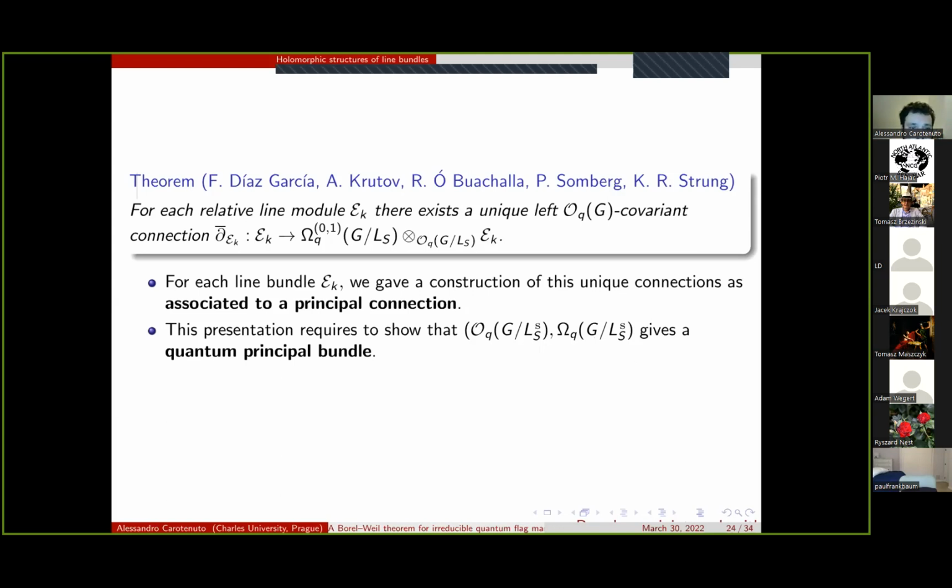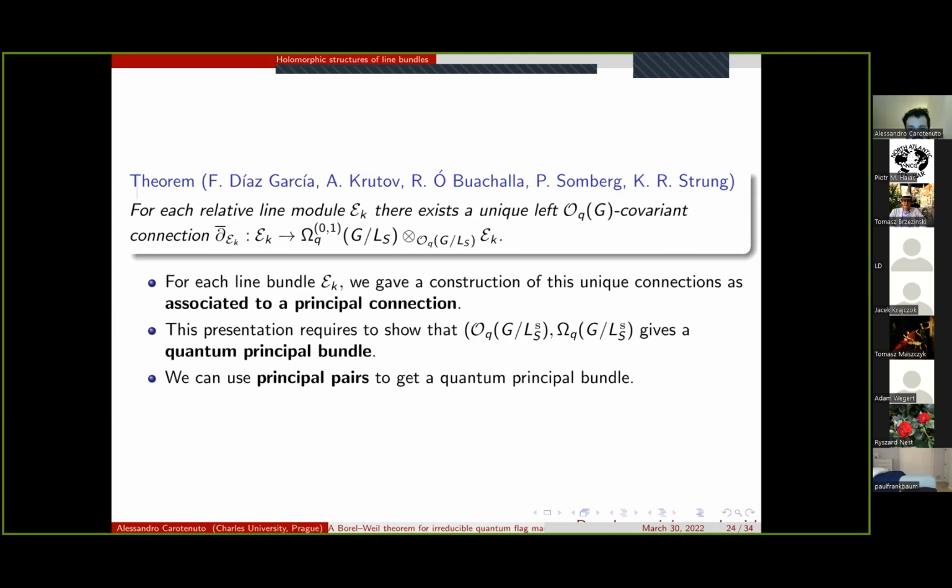And we will show that this gives a quantum principal bundle. And in general, showing that something gives a quantum principal bundle can be a non-trivial task. That's why we introduced this object, the principal pairs, to show the quantum principal bundle condition.